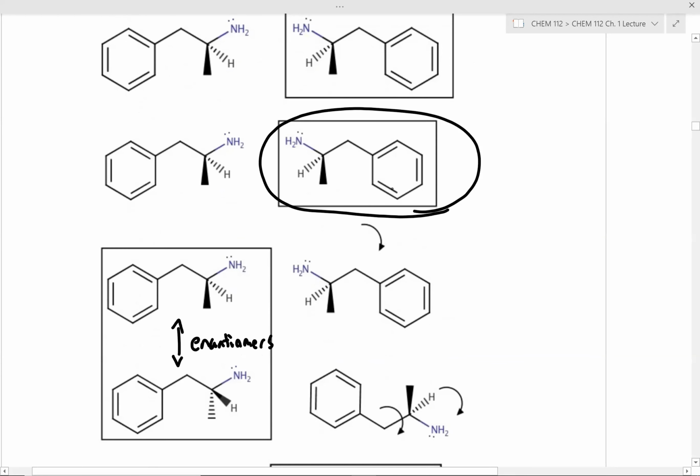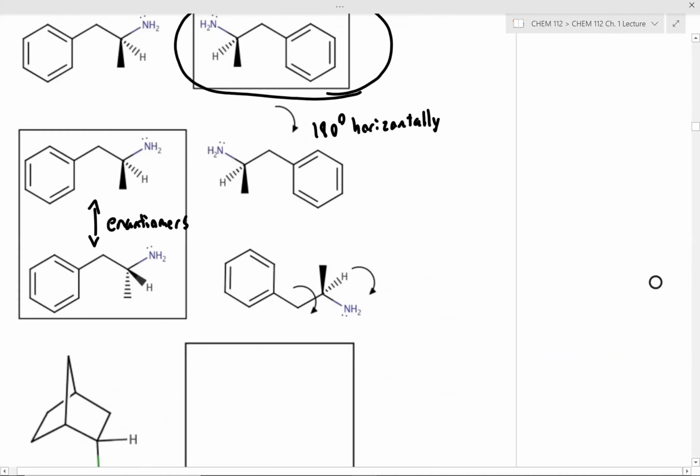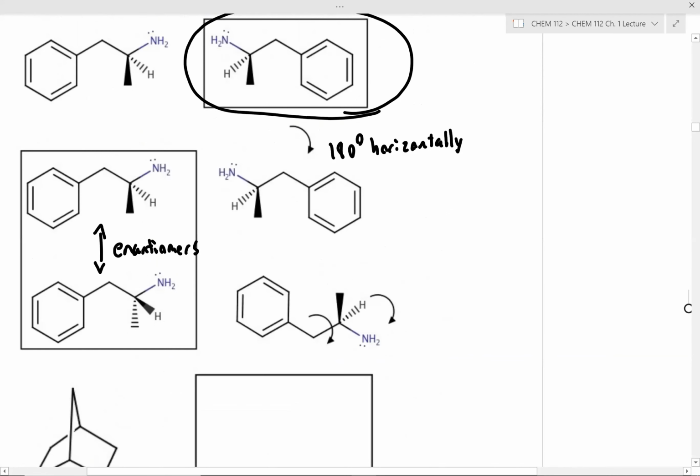This is our mirror image that we obtained via reflection. And we are going to rotate it 180 degrees horizontally. So after we do that, we have our phenyl group on the left, and we have our amine on the right.